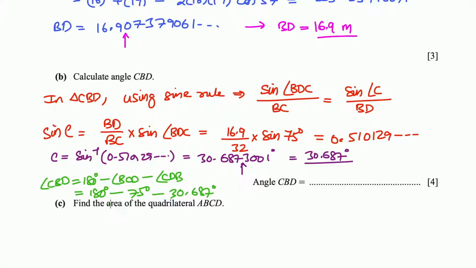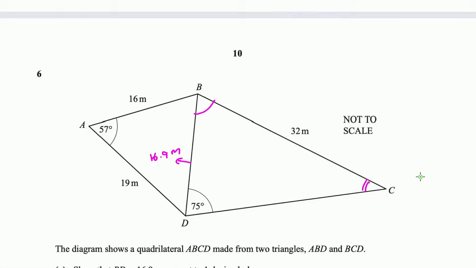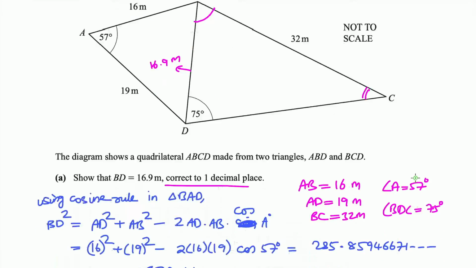If I calculate 105 minus 30.687, this will turn out to be 74.313 degrees. And this completes the question. This is actually an easy question, but you should know that when using the sine rule, we can calculate any one of the two remaining angles, because then we can use the sum of all three angles equal to 180 and calculate the third angle.